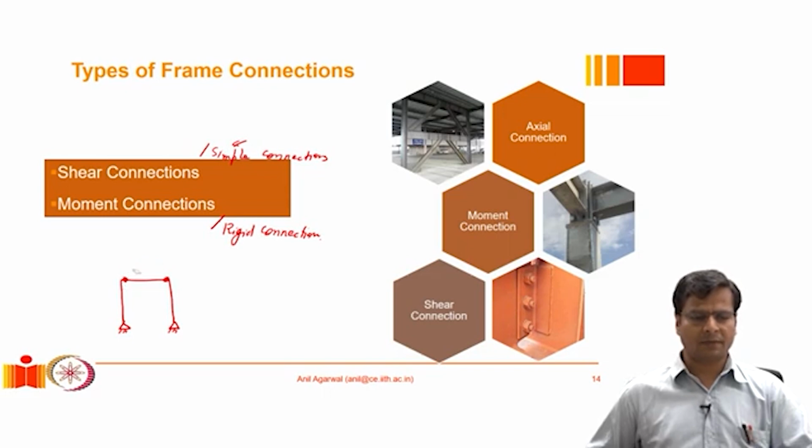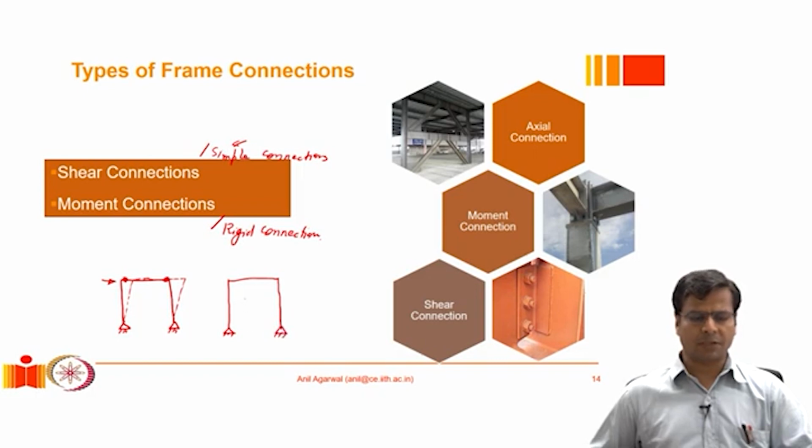If that is the case, we can very easily visualize that if we apply a lateral load, this frame can simply topple over like this. It does not offer any resistance. Therefore, frame systems which consist of only shear connections between beams and columns cannot resist lateral loads. However, the other type of frame could be the moment resisting frame, which is one example of a lateral load resisting system.